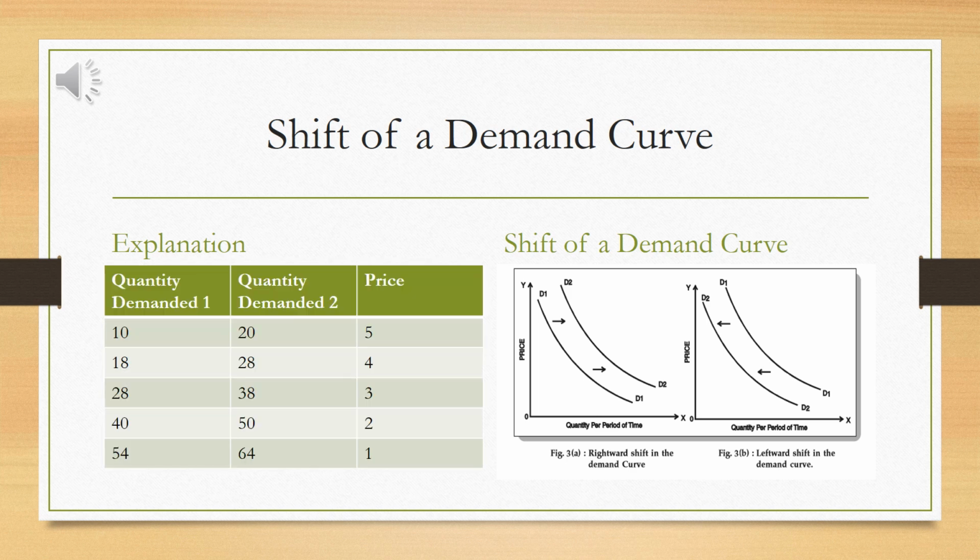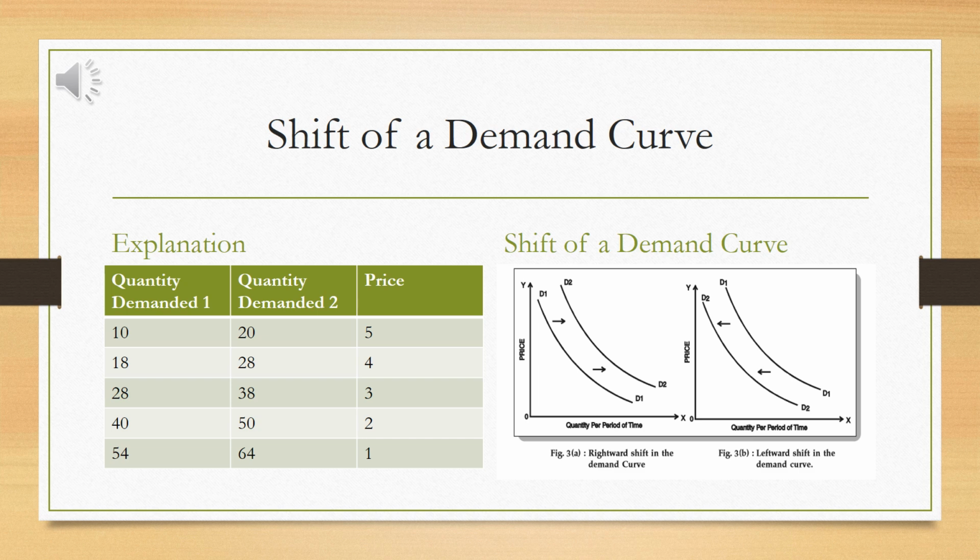The following demand schedule clearly portrays a change in demand or a shift of the demand curve. We see that we have two columns for quantity demanded and one column for price. So the quantity demanded is changing while the price stays the same. For these cases, we say that we have a change in demand or a shift of the demand curve.